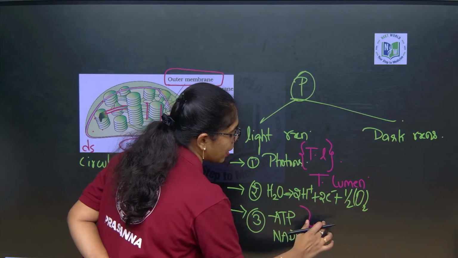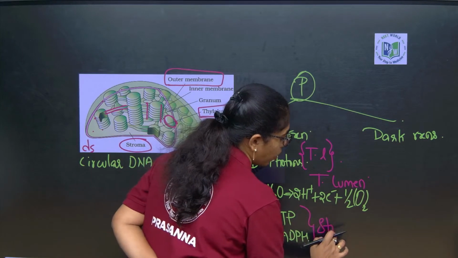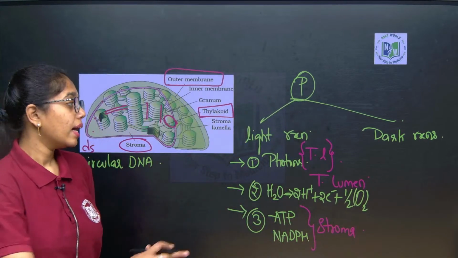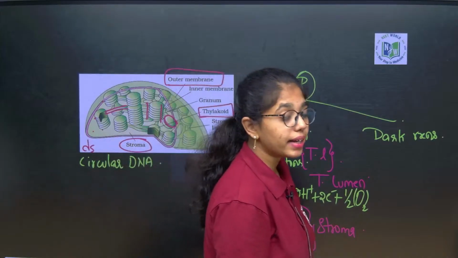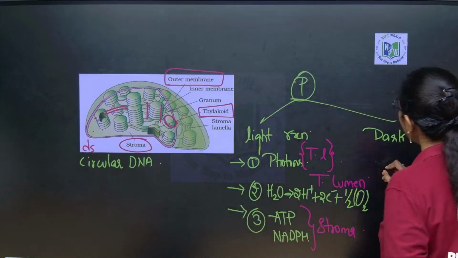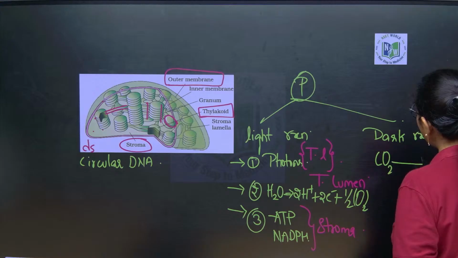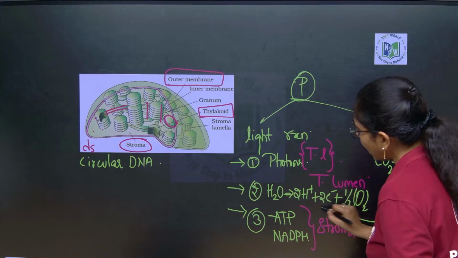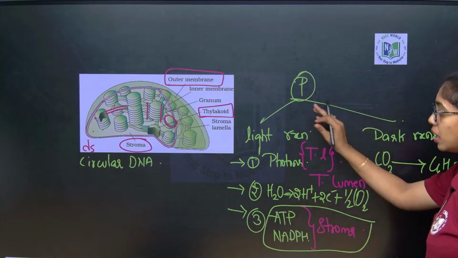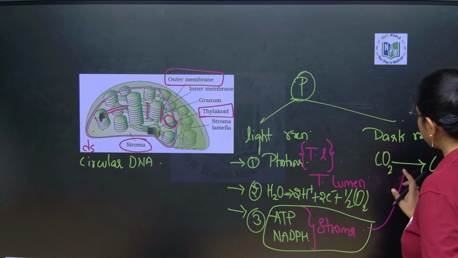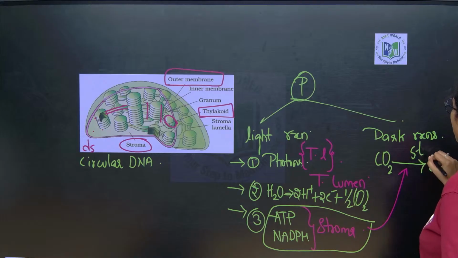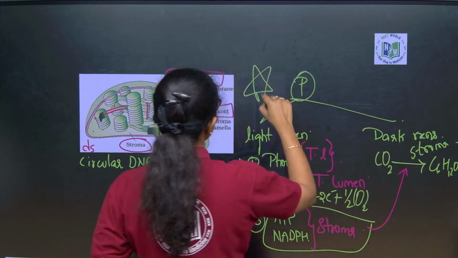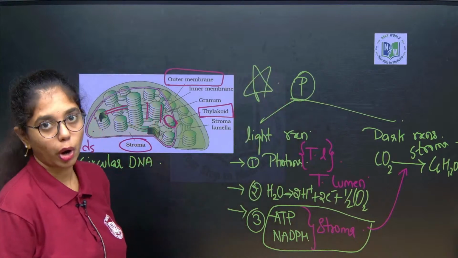This takes place in the stroma. Assimilatory power is released in the stroma. Next, the light independent reactions, where carbon dioxide is fixed to glucose utilizing the assimilatory power of the light reaction, take place in the stroma of the chloroplast. All these locations are 100% important, beta.